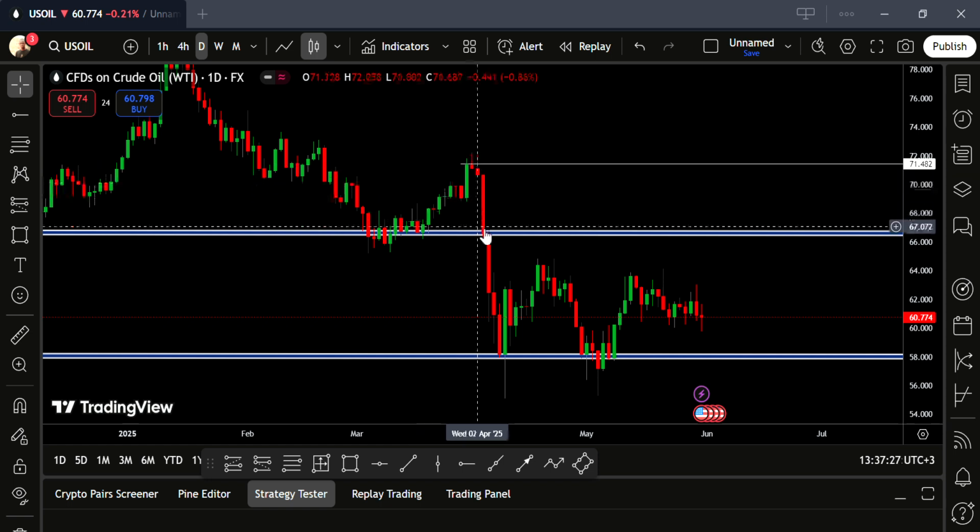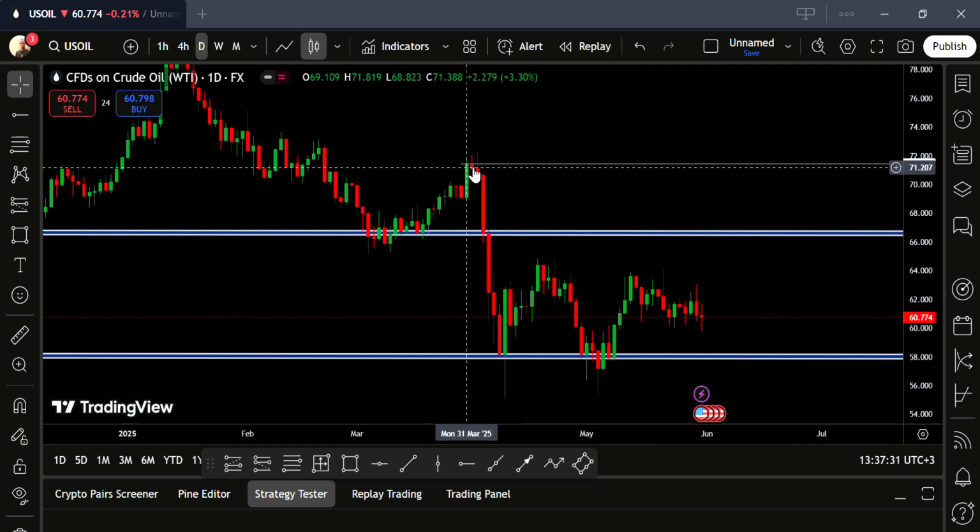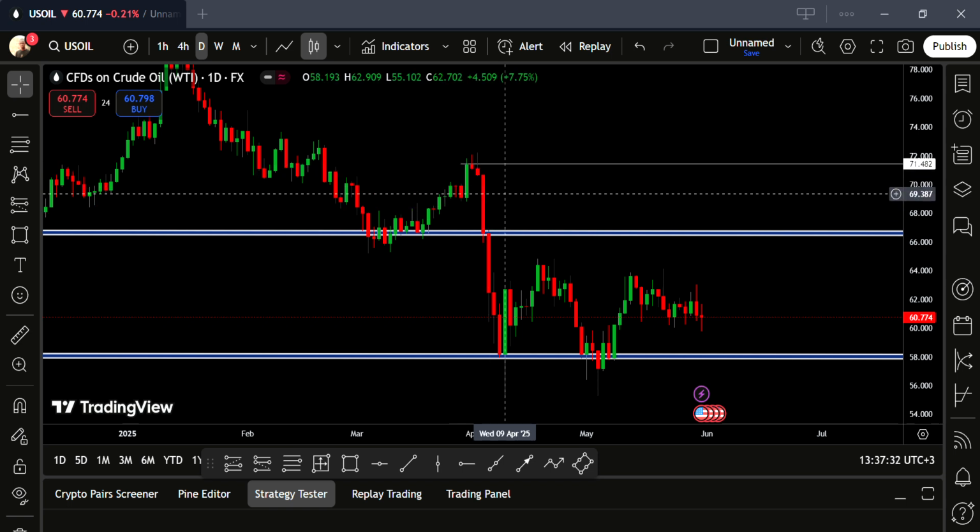And what do we want to see? We want to see the next day that rejects on this resistance here and closes as a rejection. That will give us a confirmation of the beginning of the storyline. So what do we do? We head to the 4 hour, or we head to one time frame below. We said we get a rejection on one time frame and then we get a creation of the storyline on one time frame below.